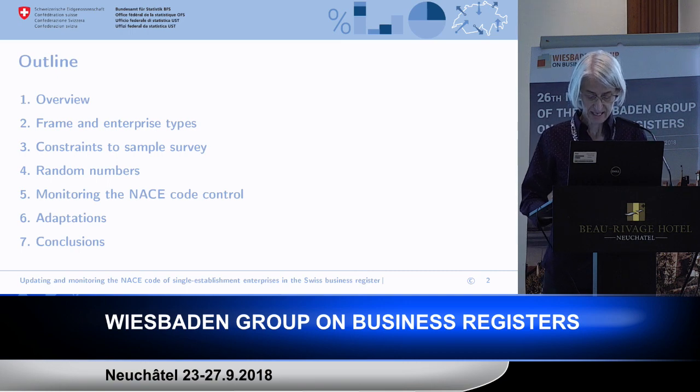The sampling is handled by random number intervals, which I will explain in chapter 4. The whole process of NACE code control leads to a monitoring data set, chapter 5. Over time, this process had to undergo 2 main adaptations, and I will end with some conclusions.